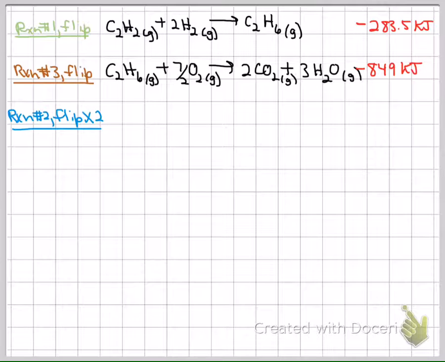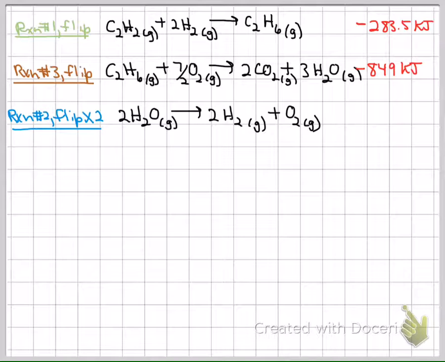I've got to get things down to the right number. So I'm flipping it and I'm multiplying it by 2, and when I do that, it looks like this. Notice how I changed the coefficient of each term. I doubled them because that's what I needed to get the correct number to cancel out.